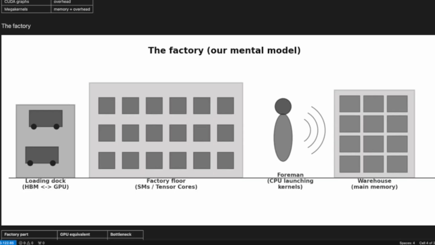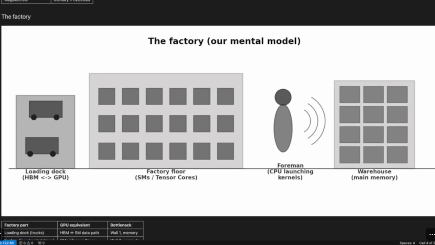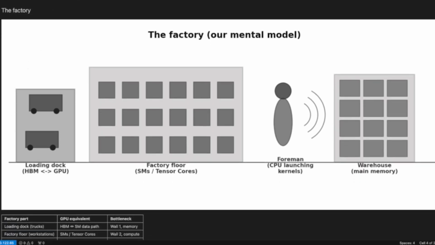This is not originally by me, but it's something people use, which is looking at the GPU as a big factory, where the high bandwidth memory is the loading dock. Here the trucks are coming in with the materials to give to the factory floor, which consists of SMs, streaming multiprocessors, and tensor cores. Each of these blocks here is essentially an SM, where all the math, all the computation is happening.